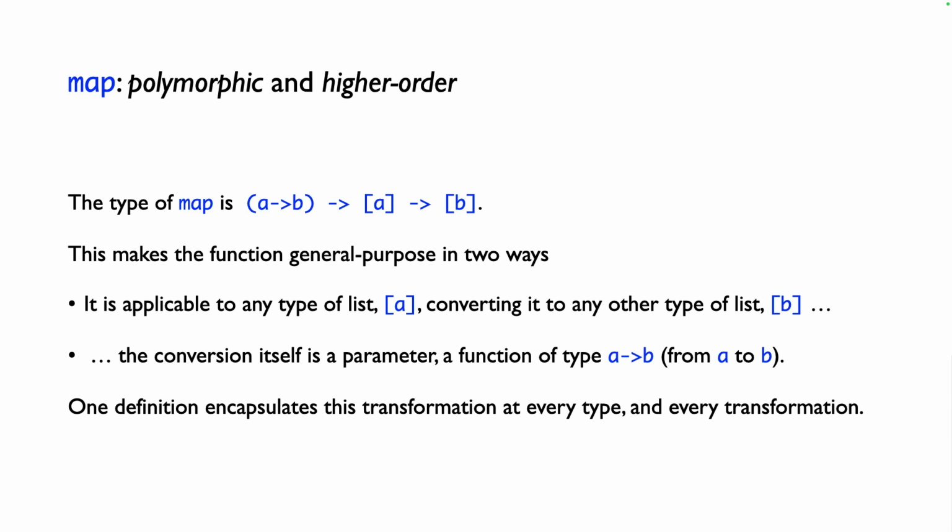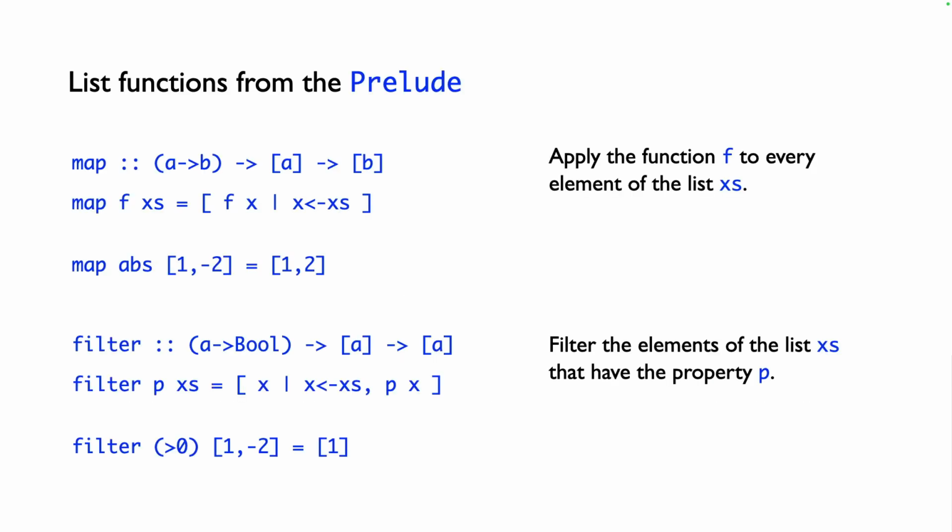So this one definition puts together working over lists of any type and working with every transformation over that type. So it's as general as it possibly could be. And it's satisfying to see. It's a very simple definition using that list comprehension. In the next block, we'll see it defined using recursion as well.